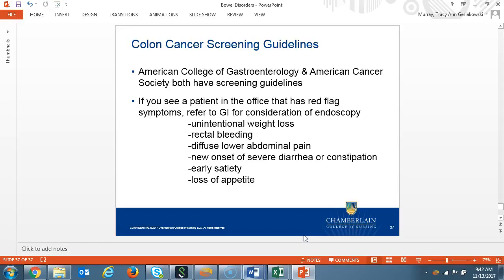Lastly, I want to take some time to discuss primary prevention for colon cancer. There are several guidelines available that discuss colon cancer screening. The American Cancer Society says the following: if you are at an increased or high risk of colorectal cancer, you might need to start colorectal cancer screening before age 50 and/or be screened more often.